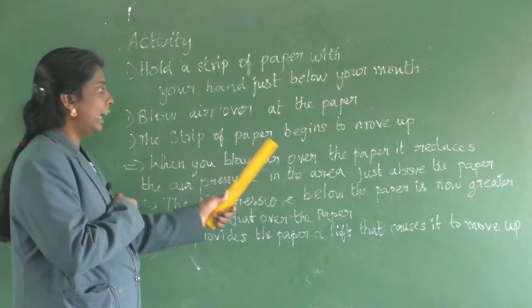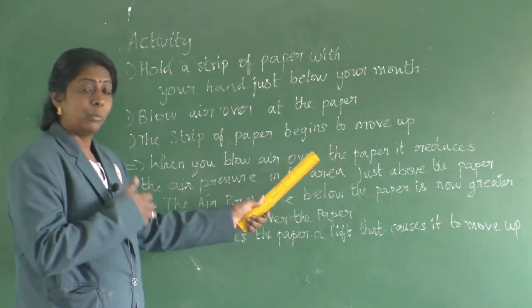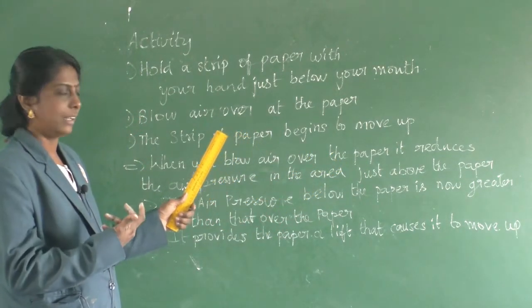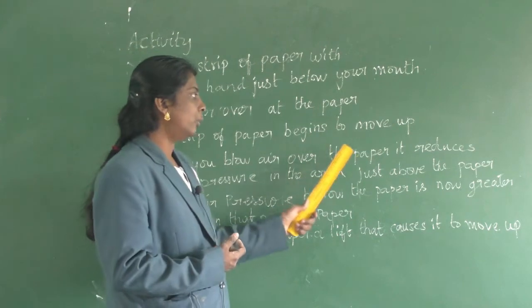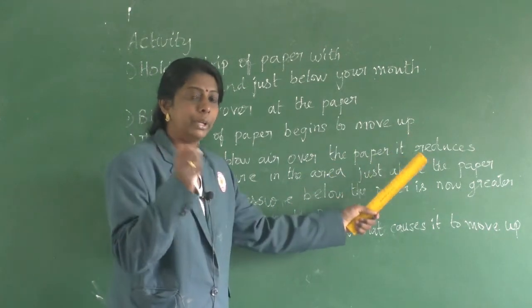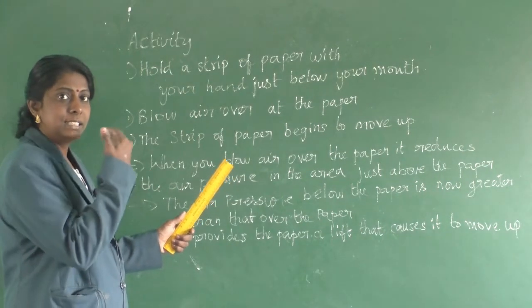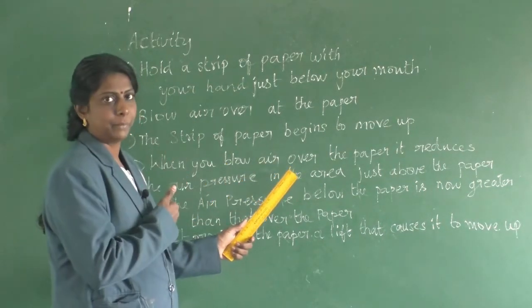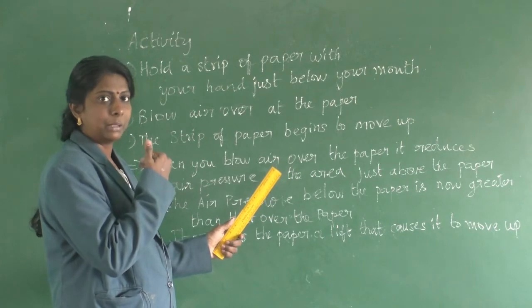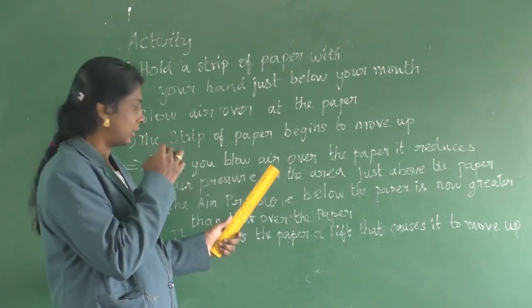When you blow air over the paper, why does it move up? What happens there? When you blow the air over the paper, it reduces the air pressure in the area just above the paper. So a low pressure is created. Okay.